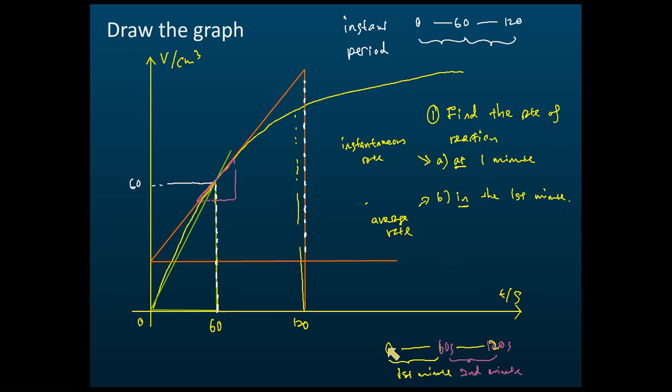So first minute is from 0 to 60 seconds, right? So then we choose a point at 0 and 60 seconds. And then you draw a triangle. This one, you don't need to be very big, okay? Just draw these triangles. Of course, if you want to draw a big one, it's also okay. So you draw a triangle connecting these 2 points.